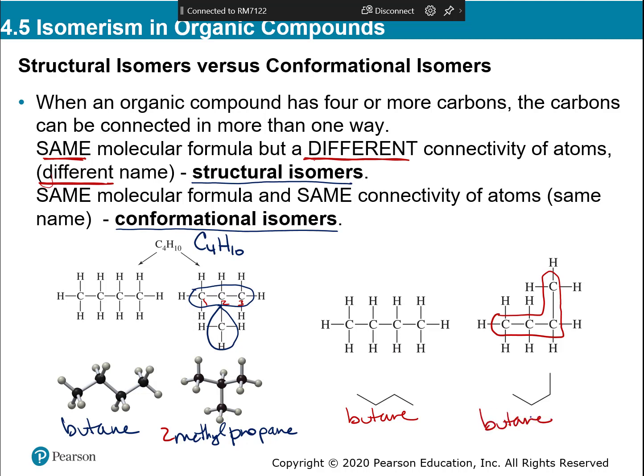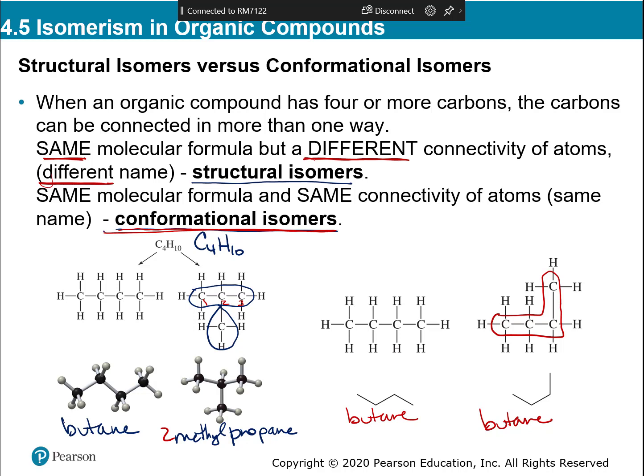Remember, the straight chain is the zigzag, but the bent chain is the one that looks more like a cup or a U. But they're both butane. Sometimes when you first look at them, you might say, oh, they're different because they look different. But if you name them both, they have the same name. That is what conformational isomers are. Same molecular formula, same name, they just are drawn differently.